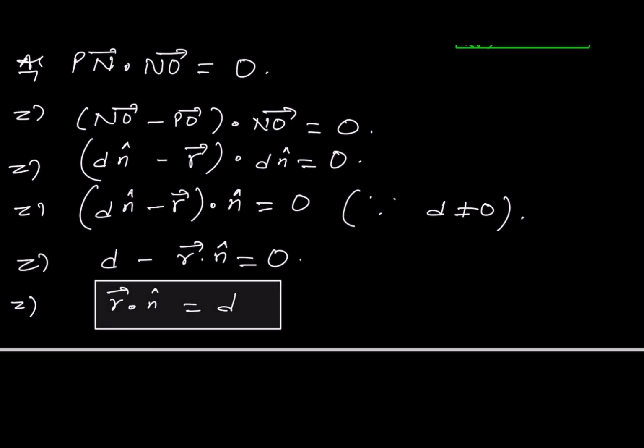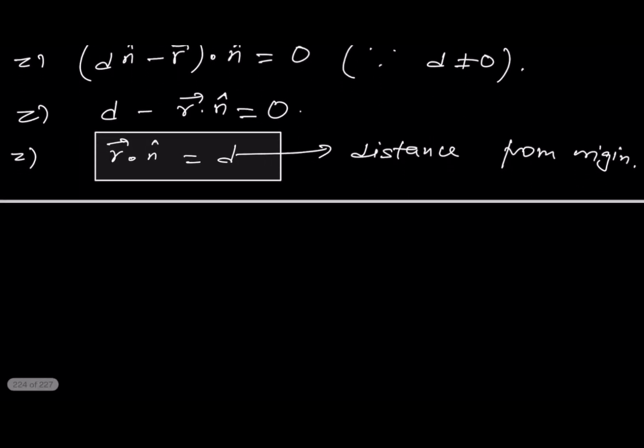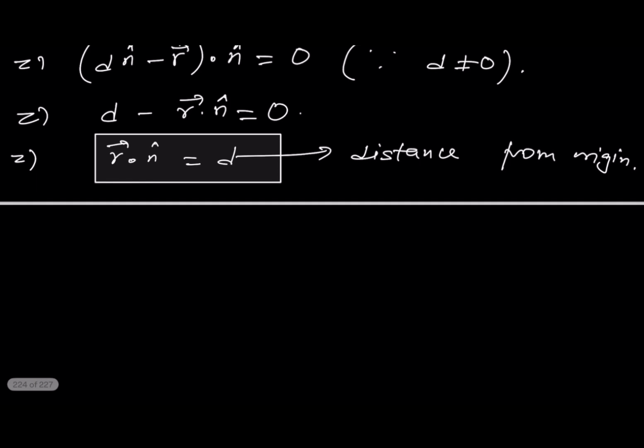This is the required form, or this is the normal form of the plane. So here d is the distance from the origin. Now this n cap is the unit vector in the direction of the normal vector to the plane. Also this is the vector form.